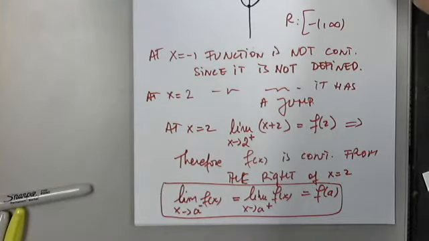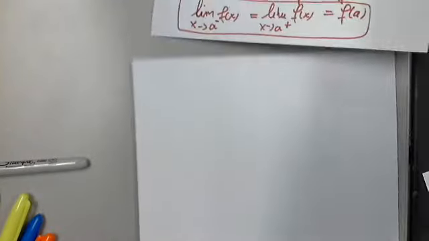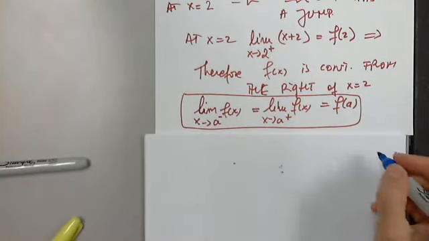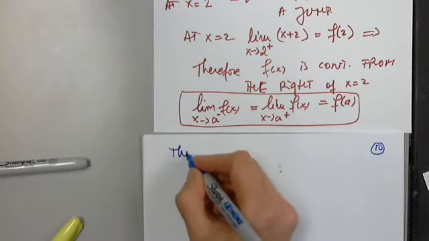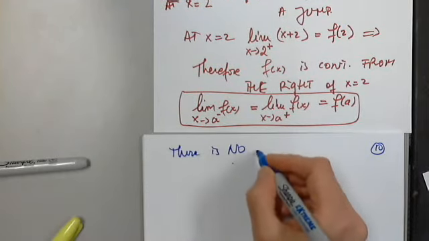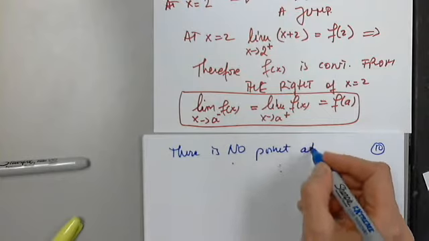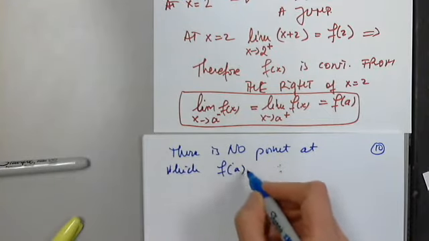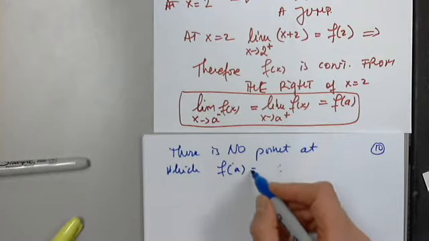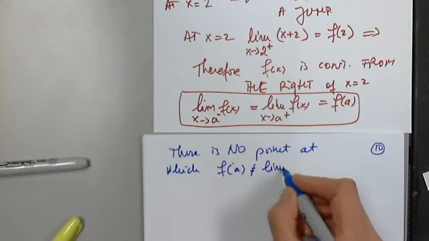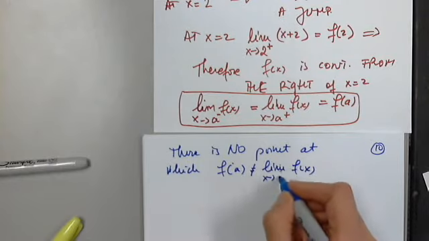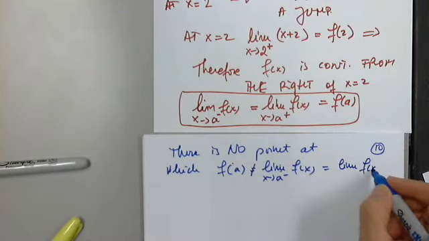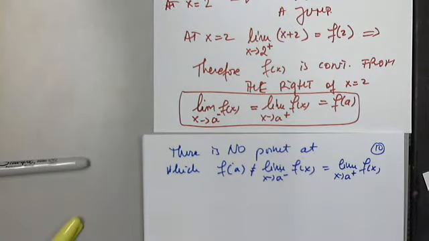I'm going to explain, and I'm going to say there is no point at which f of a does not equal the limit of f of x as x approaches a from the left, which equals the limit of f of x as x approaches a from the right.